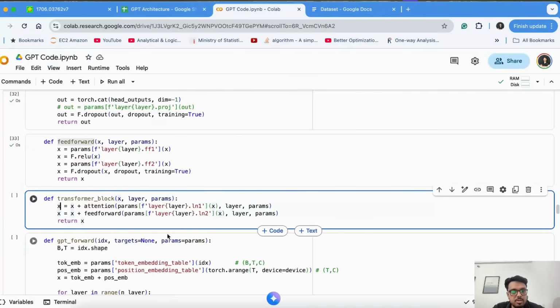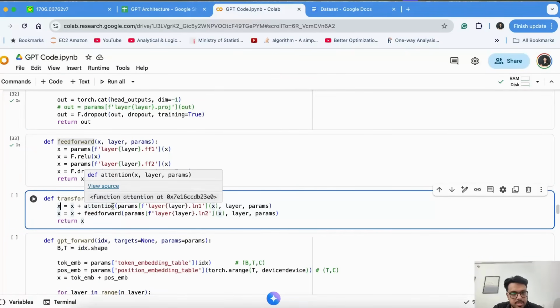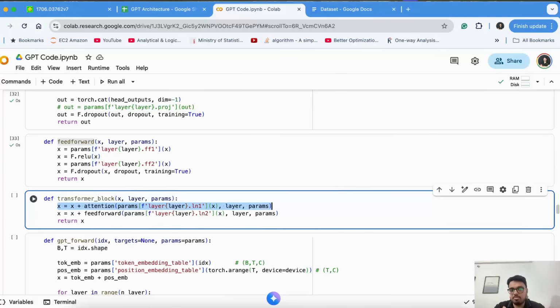So x plus attention, followed by the layer normalization. This line of code in a way takes care of the residual connection as well as the layer normalization layer. And the same thing happens for feed forward.